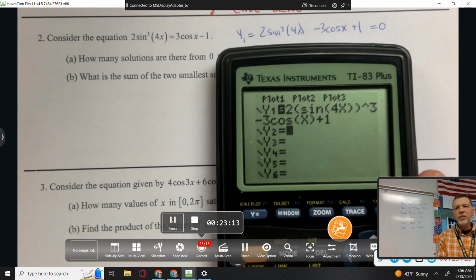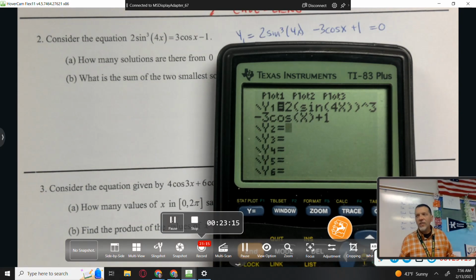Take the time to double check your equation, because your calculator is not going to make a mistake. The only mistake is going to be if you type something in wrong, put parentheses in the wrong spot, hit sine instead of cosine, negative instead of positive. All right, I feel good about that graph.